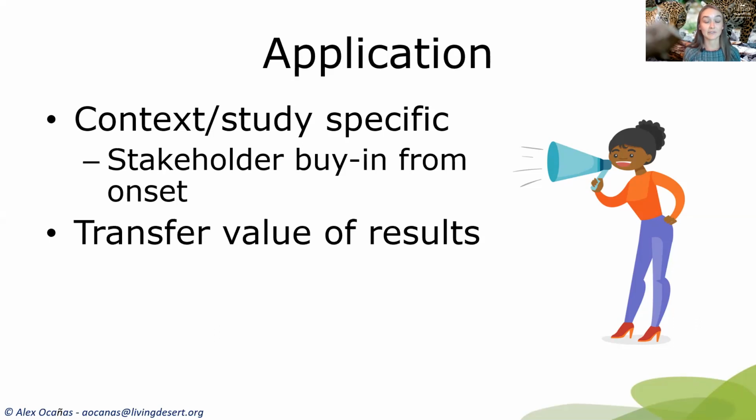And also the transfer value of the results. So yes, you've dealt with this very contextualized sample. Let's say 50 people, you have a rich understanding of that study group. Again, maybe you can't make statistically generalizable conclusions, but you should have some sort of transfer value beyond just the group that you studied.